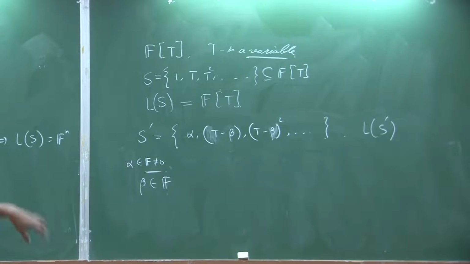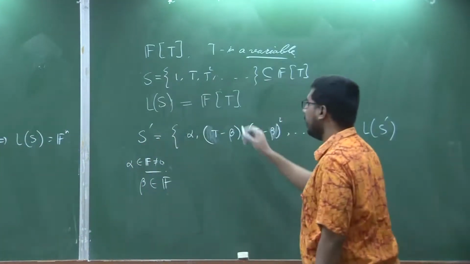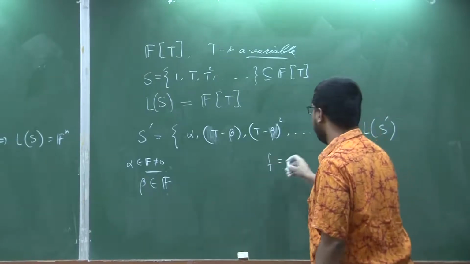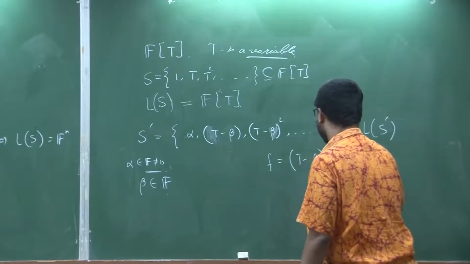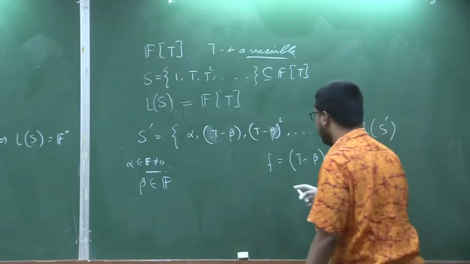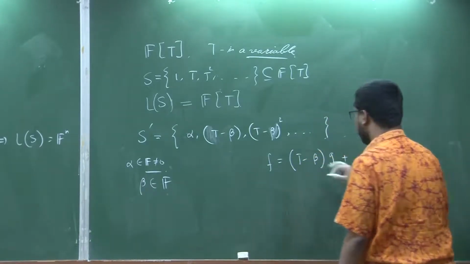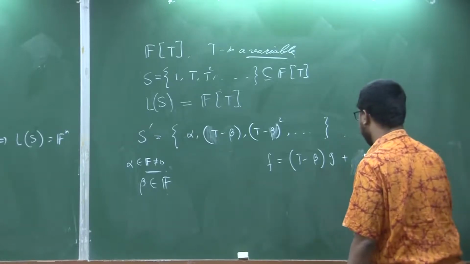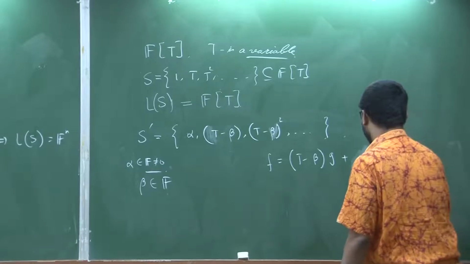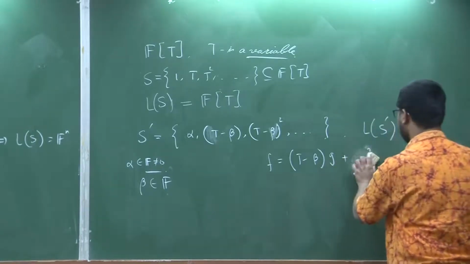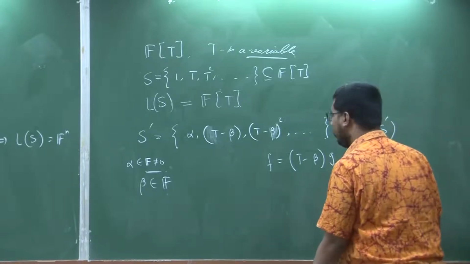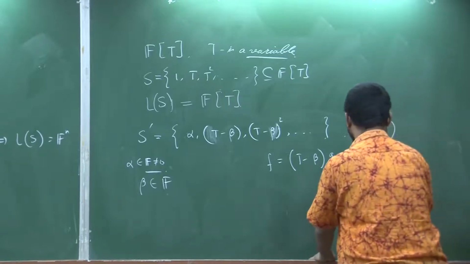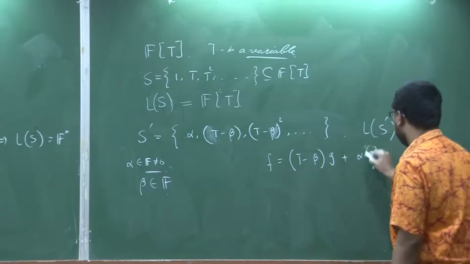Using the division algorithm repeatedly: if f is a polynomial in t, you can first apply the division algorithm on that. Then you will have some g plus some constant, let us say gamma. If gamma is 0, you do not have anything to do, you can simply write gamma equal to alpha times 0. Otherwise, you can simply write it as a multiple of alpha.